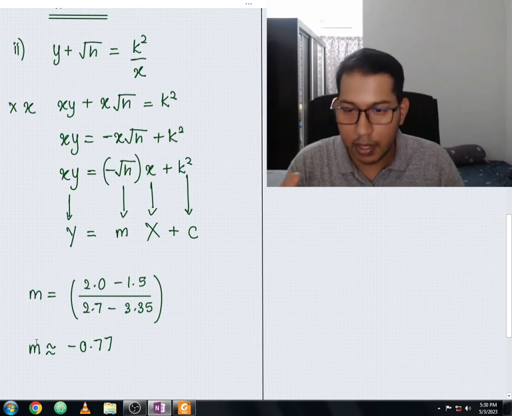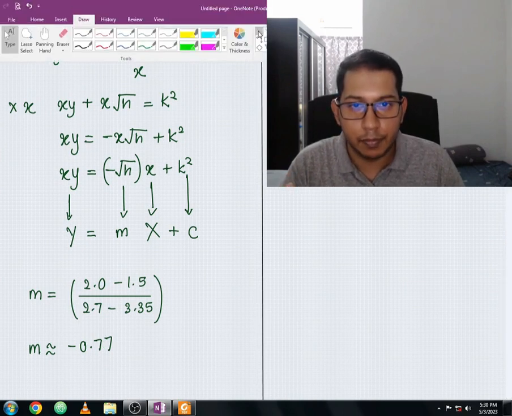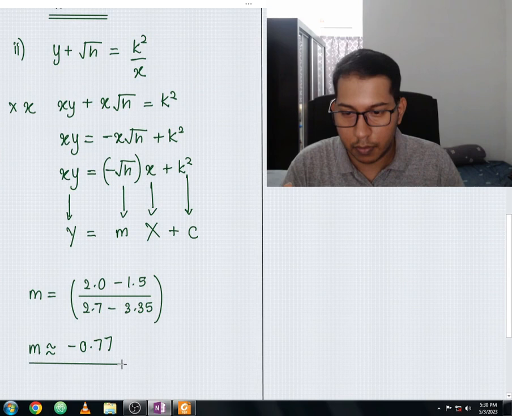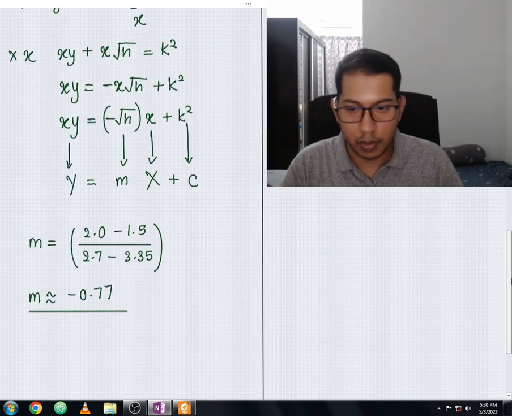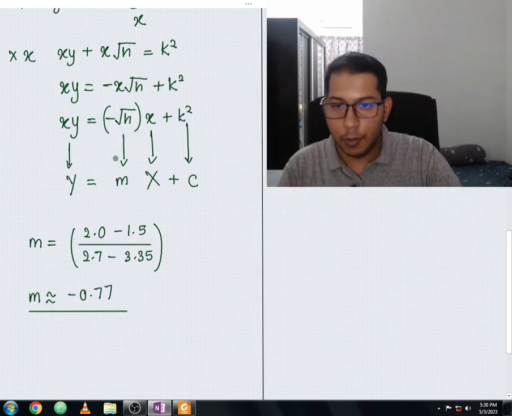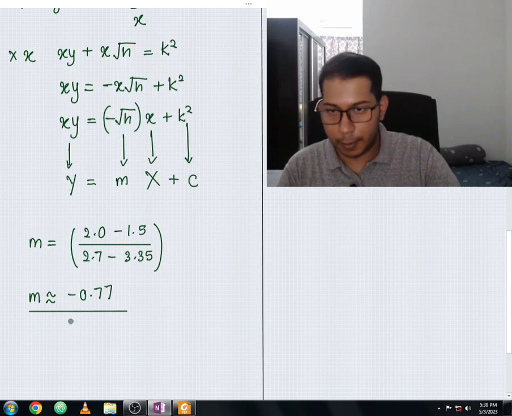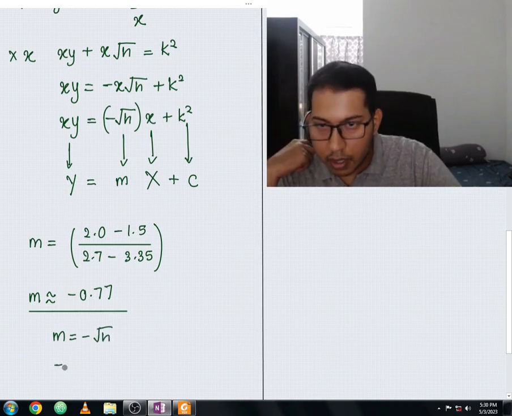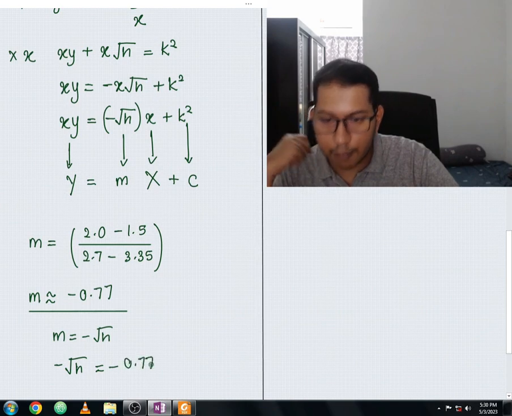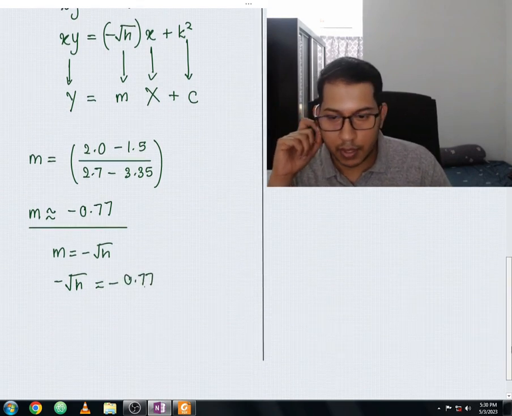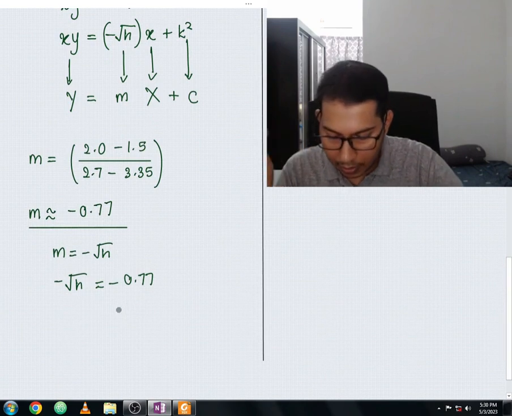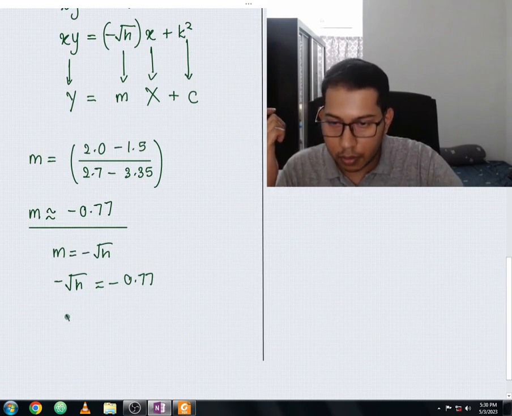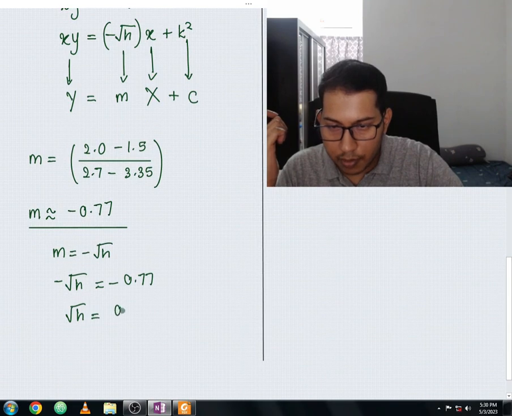Okay, so from here let me underline this. Now we're going to compare this value with the negative square root h over here. So m is equal to negative square root h. So negative square root h is equal to negative 0.77. The negative and negative will get cancelled off, and you're left with 0.77.